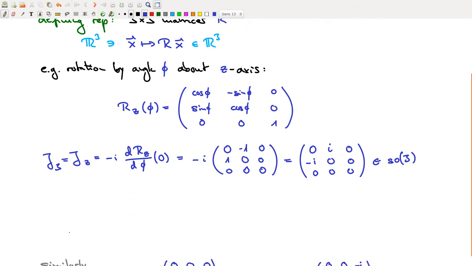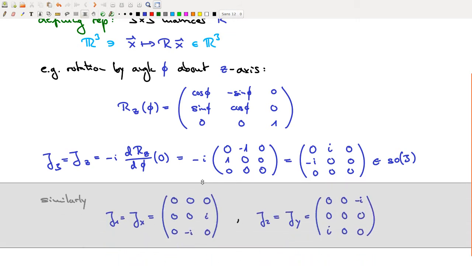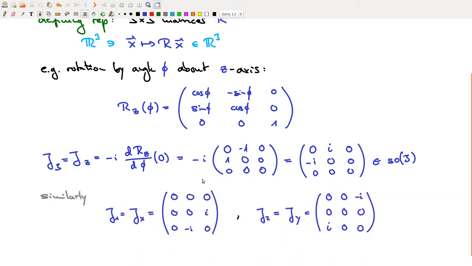Now you can do essentially the same thing for rotations about X and Y axis, and then you find these generators here.